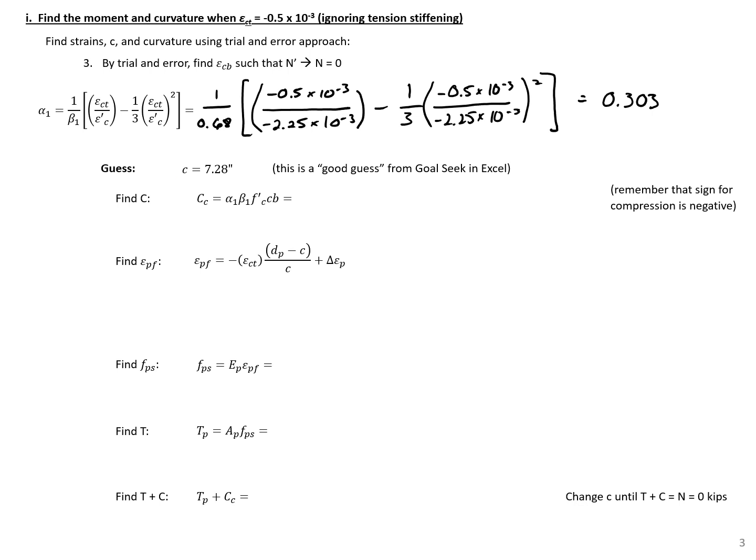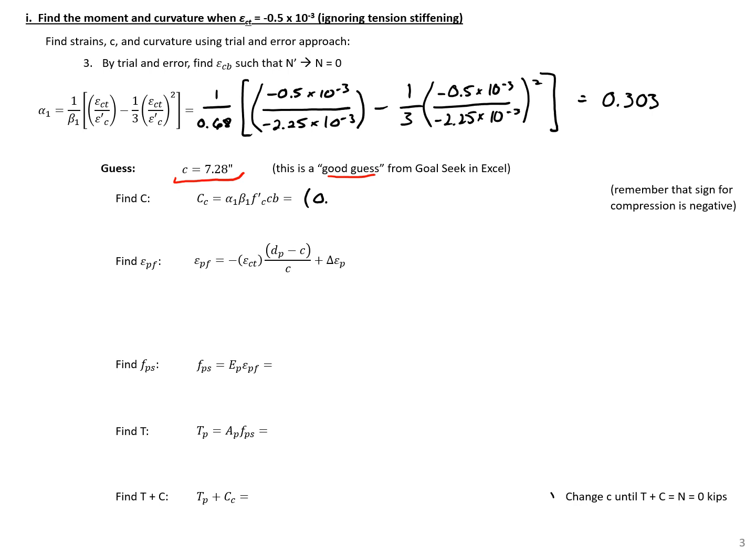We can use this alpha 1 and this beta 1 then to find our C. We'll start by guessing a value for C. We're going to guess a value of 7.28, and this is a good guess from a goal seek in Excel. So we'll start, and we can calculate our concrete force component.